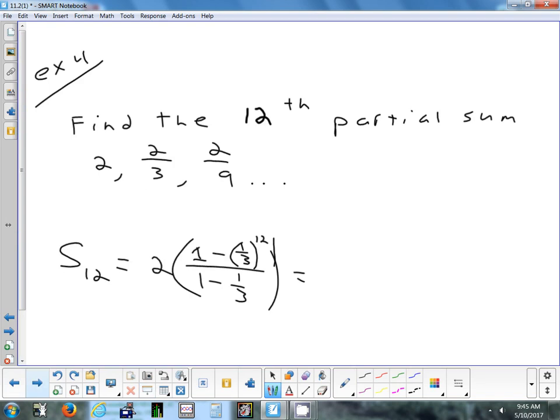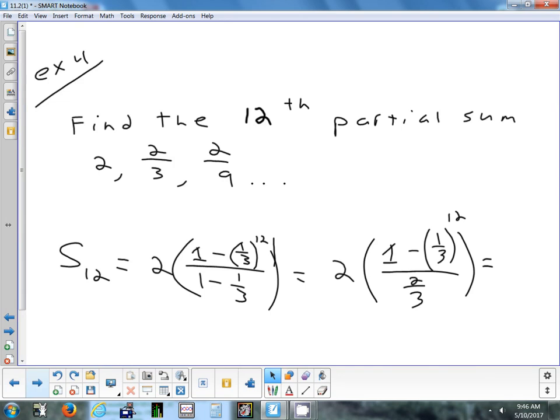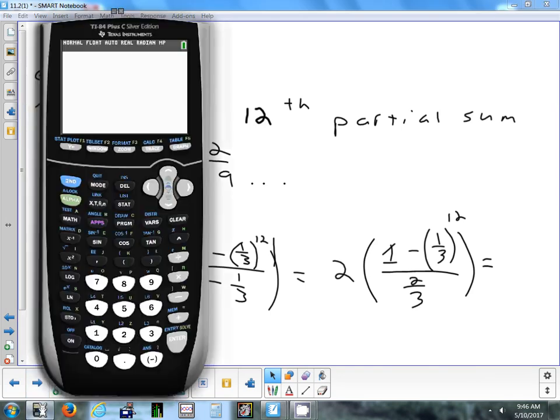Okay, now we just type that in. So 2 times, let's at least do the bottom out. What's 1 minus 1/3? 2/3. And now I'm going to use my calculator to type that in. I'm going to do it in a couple steps because there's a lot of parentheses here. 1 minus 1/3 raised to the 12th.